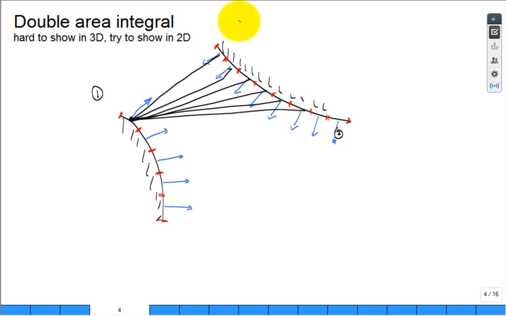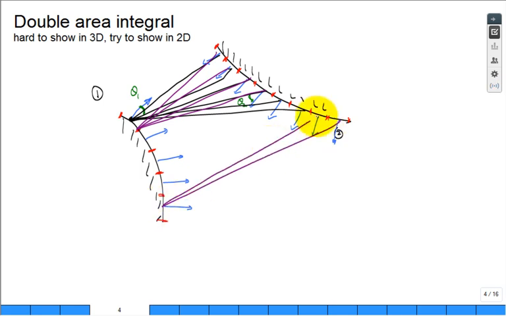And for each one of these, I would have a different angle, theta 1, and a different angle, theta 2. And then I move to another one, do the same thing again. It's like ray tracing, etc. And then even all the way down to the end. Go from here to there to there.